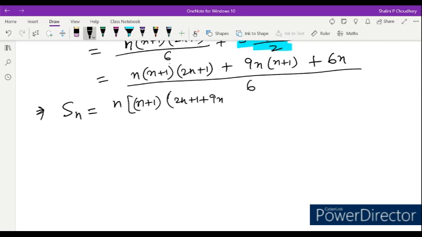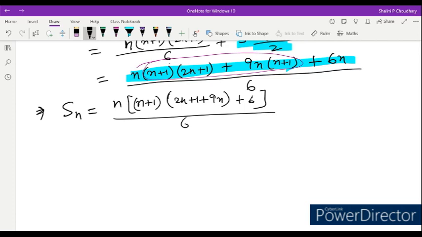In these two we have n into n plus 1, and all three have n, so we have taken n common, and from these two we are taking n plus 1 also common. So we'll write here n, and plus 6, divided by 6. So what value?